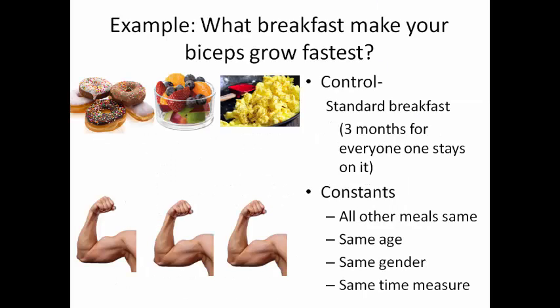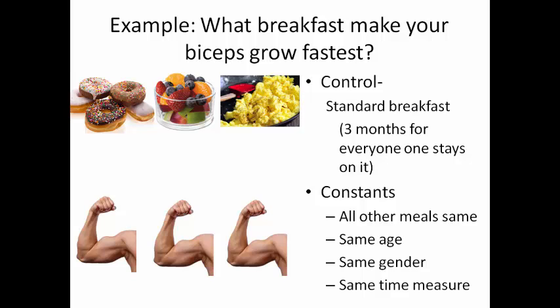So let's think of an example experiment to see, maybe what type of breakfast would make your biceps grow the fastest. So if you wanted to do this experiment, first you would want to establish a control. So if you wanted 4 of your friends, they all wanted to see who could grow their biceps the fastest.